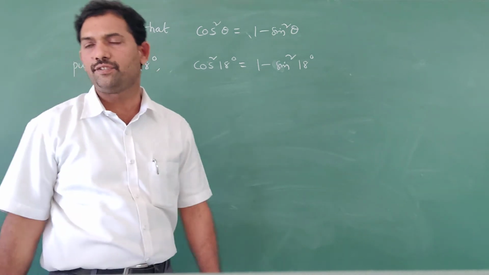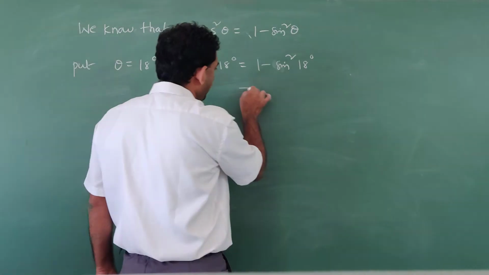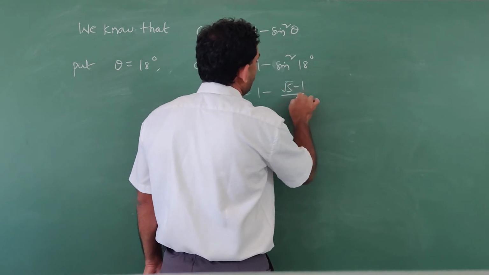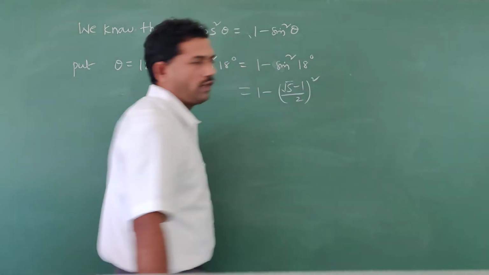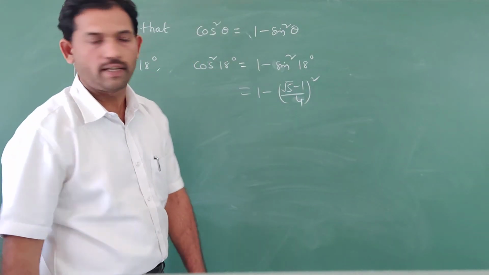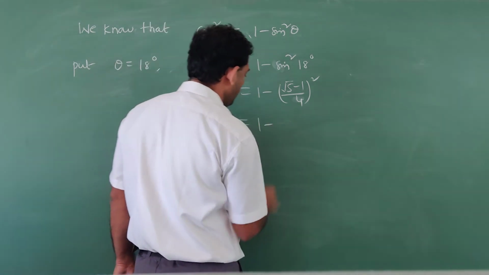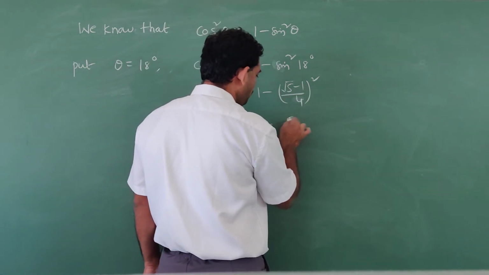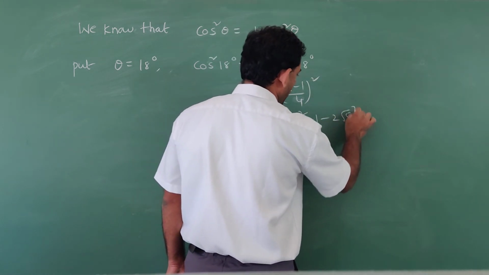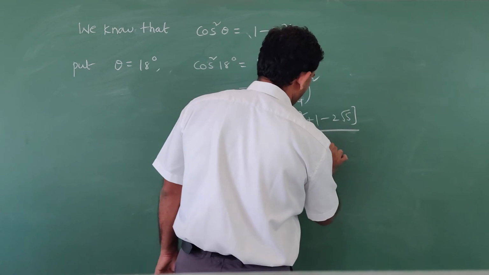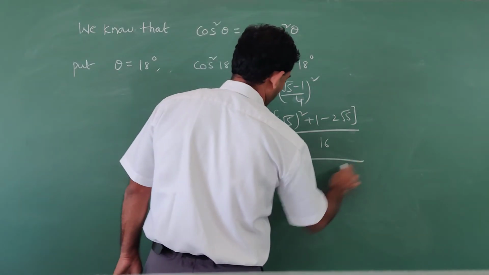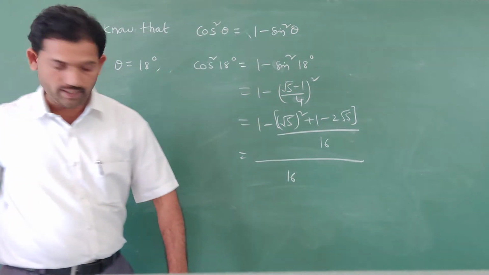Already you know sin 18 degrees: root 5 minus 1 divided by 4, whole square. Simplification: 1 minus, this is expanded, root 5 whole square plus 1 square minus 2 into root 5, divided by 16. Now take the LCM 16.